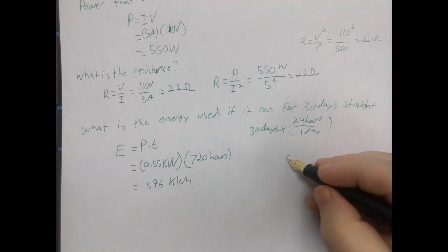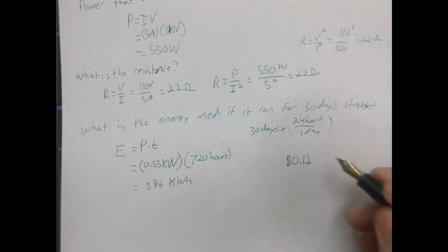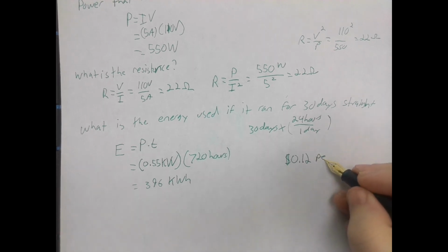And let's use 12 cents for East Texas per kilowatt hour.